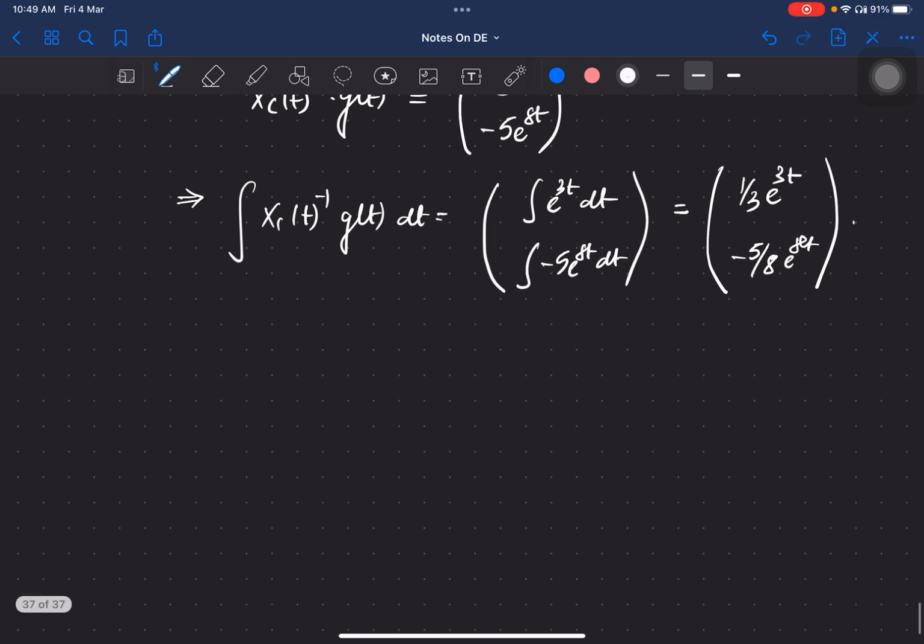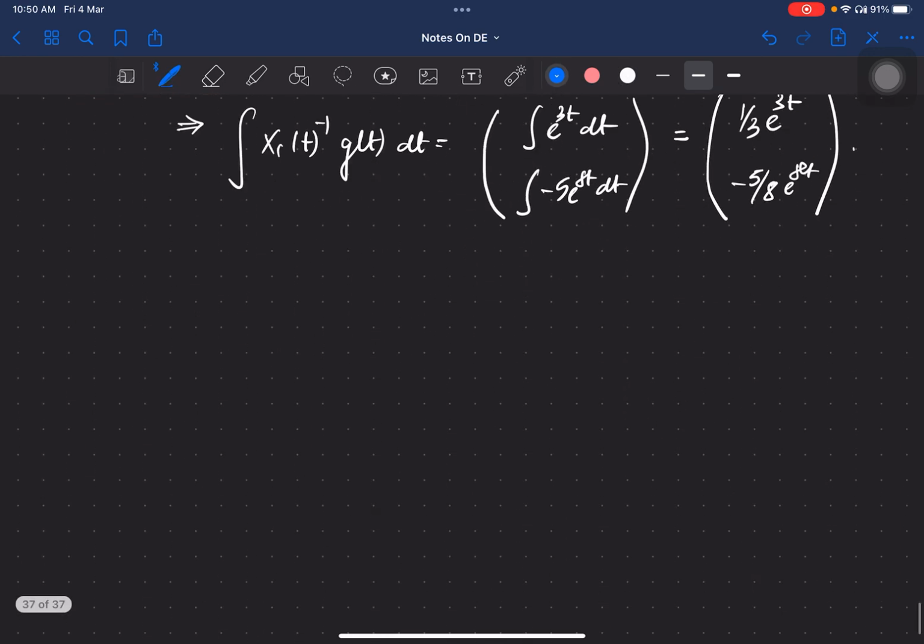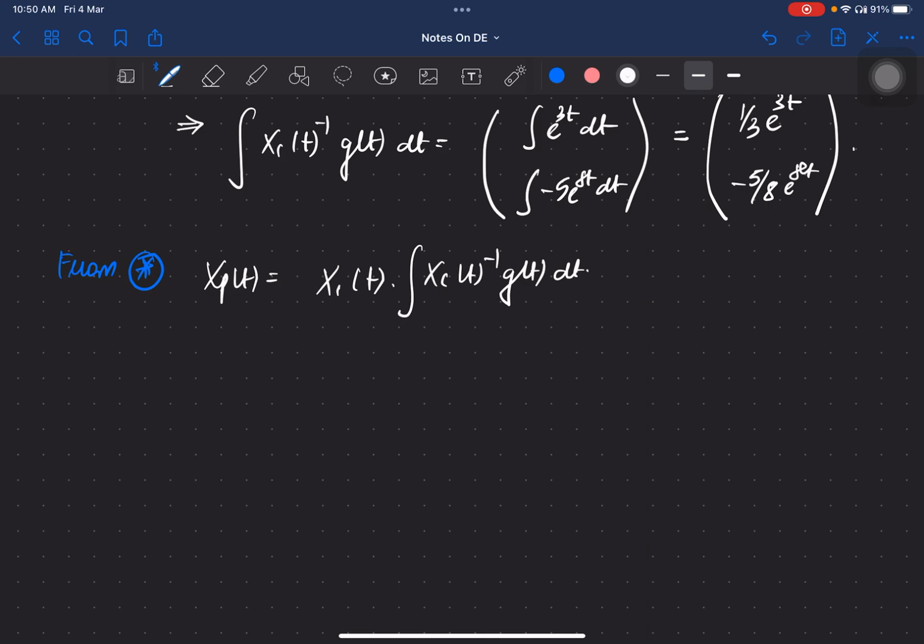So by definition, if we take this as star, then from star, what is X_p(t)? It is nothing but X_c(t) times the integral, which we have already calculated just now.